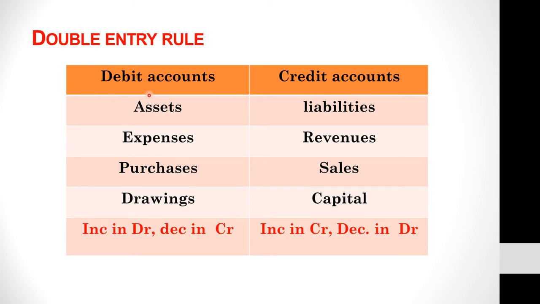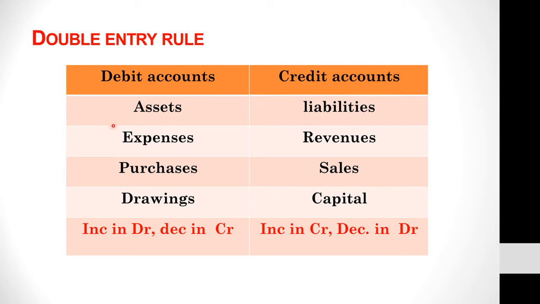These accounts, like assets, expenses, purchases, drawings, are normally debit accounts. And we have other accounts that are normally credit, like liabilities, revenues, sales, and capital. But the main and important thing is what happened to this account within the transaction that we need to record. Did it increase or did it decrease?